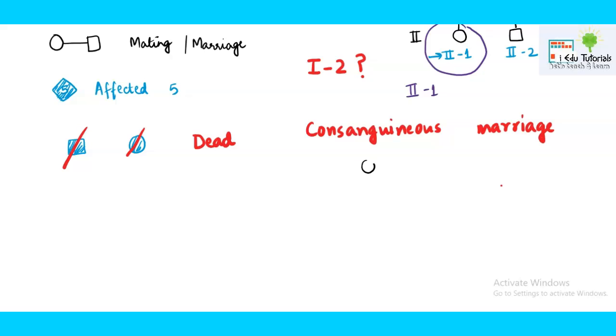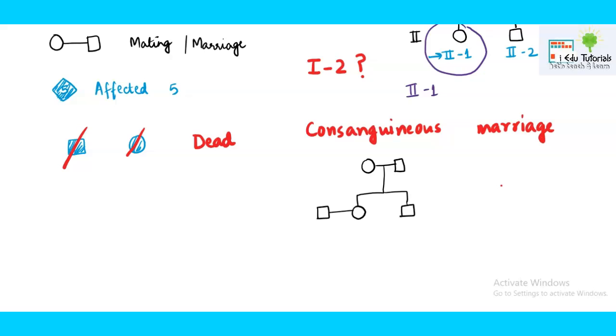Suppose these are the parents and they had a daughter, the elder one, and then they had a boy. Over a period of time they got married.